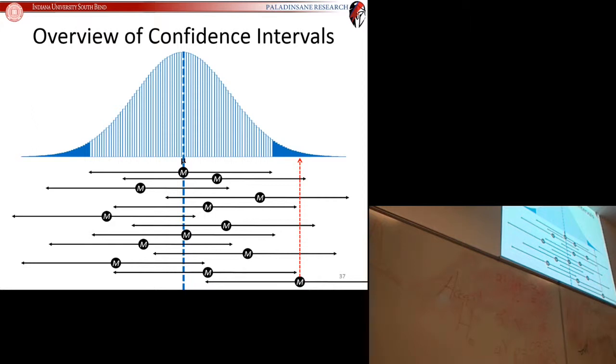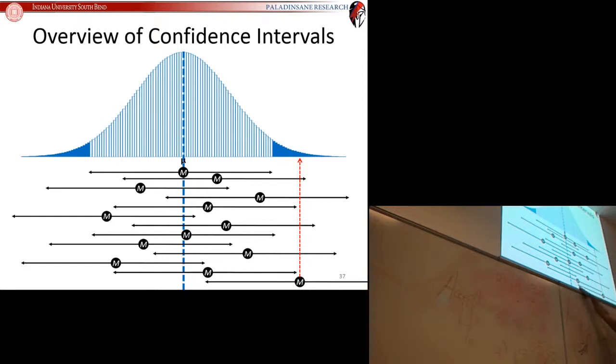So in this case, we had 90% in the body. Our tails taken together were 10%. So in this situation here, with this interval, we have a 10% chance that our sample came from the tails, and therefore our interval is going to miss the estimation of the population mean.